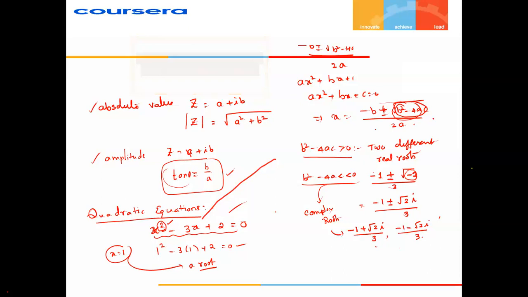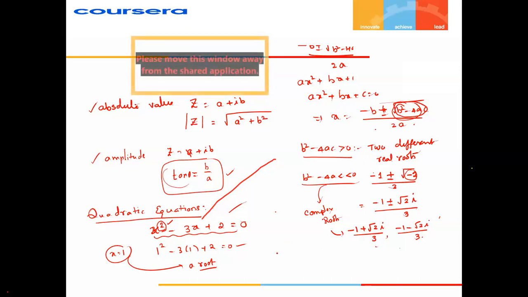Conjugate. Okay, that means suppose I ask a question like, for a quadratic equation ax² + bx + c = 0, one root is given as 1 + 2i. What is the other root?